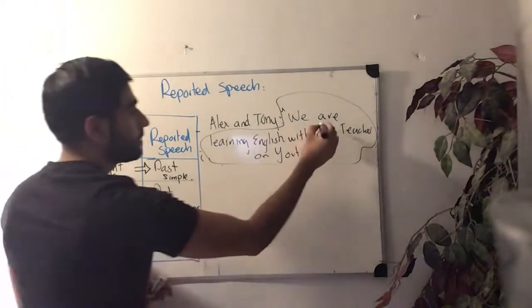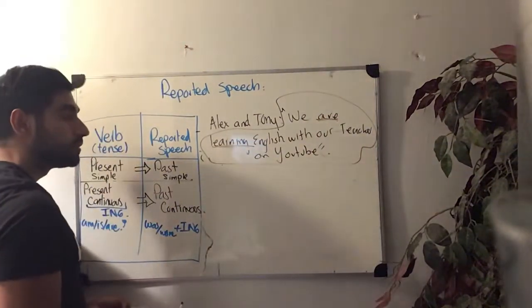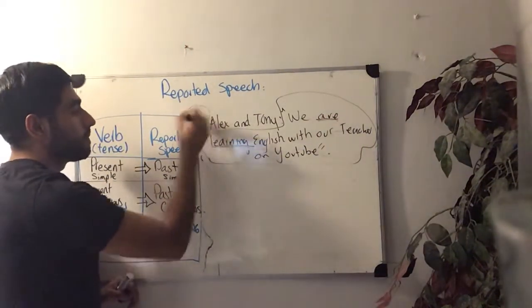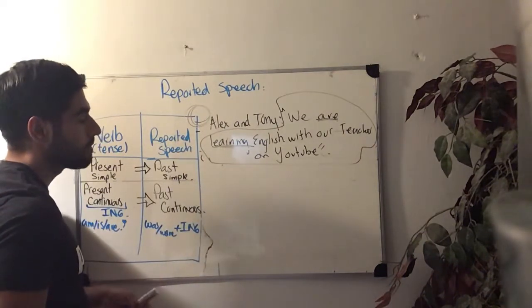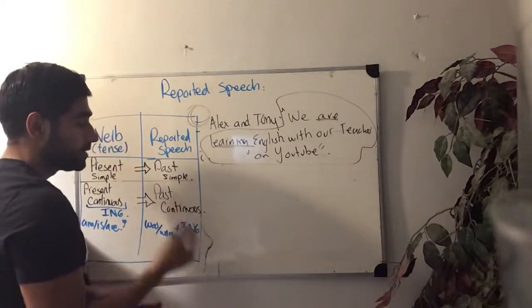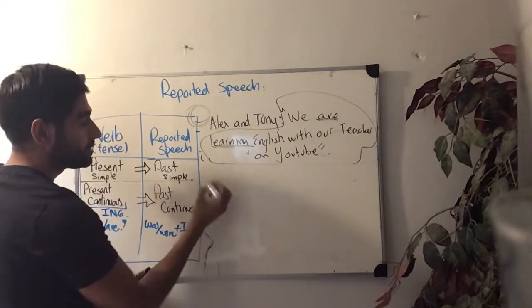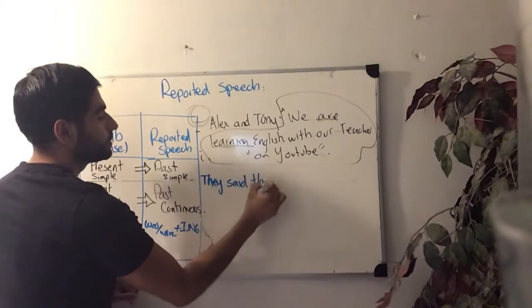We have to recognize which one is our tense, present continuous. And what else do we have to do? We have to circle the personal information so you guys can remember that actually it must be changed. So in this case, we have to change all the stuff with reported speech. They say that, ellos dijeron que.